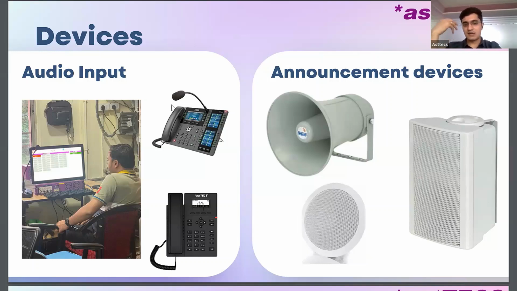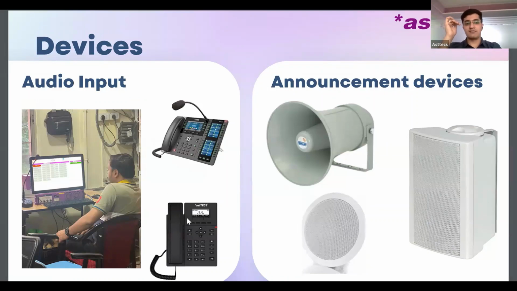The most basic way would be to have an IP-based phone. On that, the manager would have a list of numbers and he can dial the number and then make an announcement, which is more tedious because that list would have to be maintained, and he has to dial the number every time he makes an announcement. So that is a more tedious method.